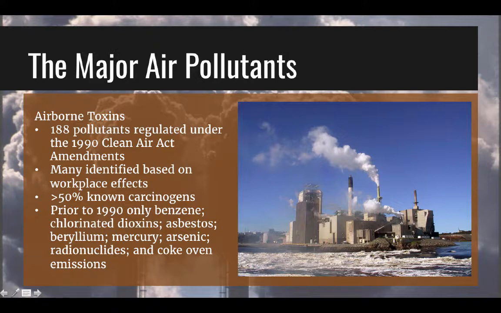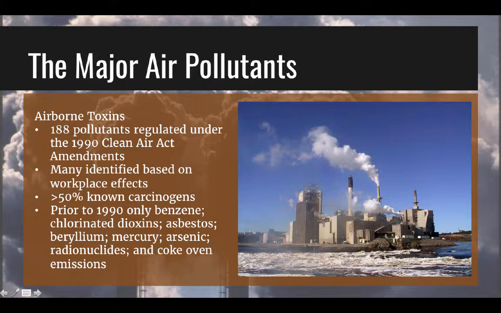Most of what we do know about the toxicity of this group of pollutants comes from the studies of industrial workplaces, where these pollutants may be present in elevated concentration, and from animal studies.